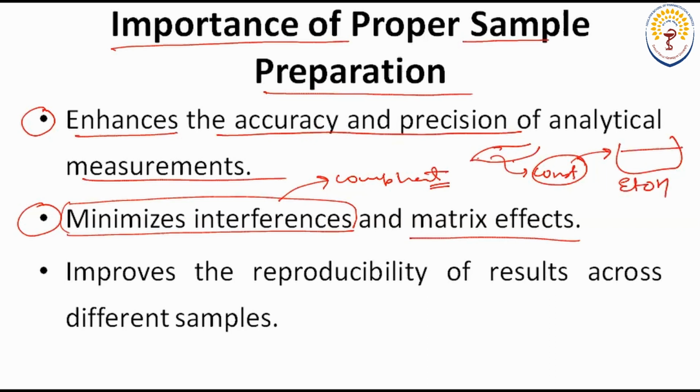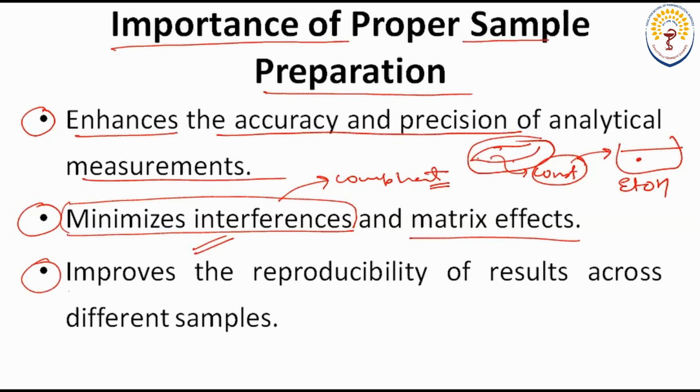Now you are focusing only on that chemical constituent. You don't want the other anatomical parts of the leaf to interfere in your analysis. So that is why you have taken out the extract. So this helps us to understand why we want to minimize interference, and that is why we are performing a sampling technique.